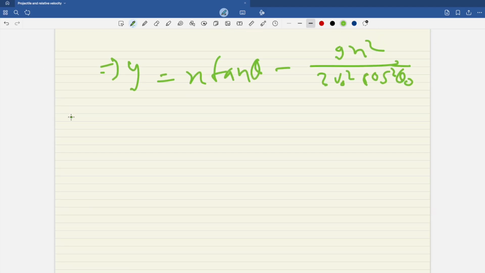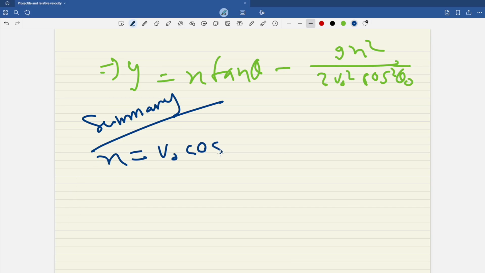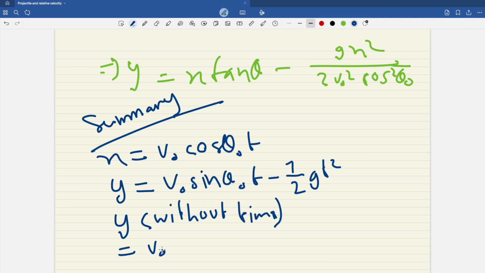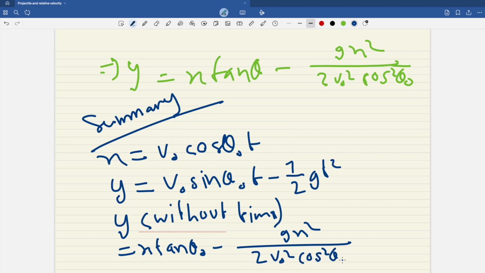So if I summarize, x equals v naught cosine theta naught t, y equals v naught sine theta naught t minus half g t square, and y without time is x tan theta minus g x square over 2 v naught square cosine square theta naught.